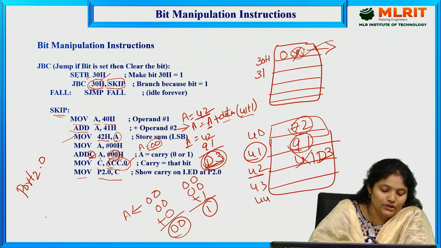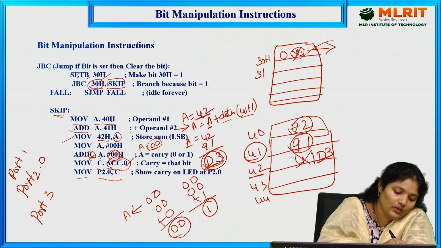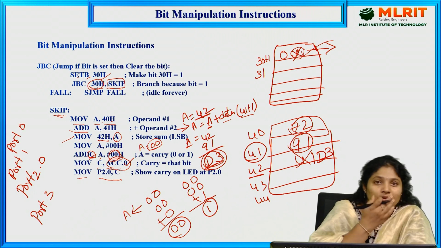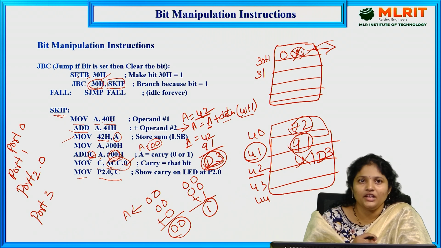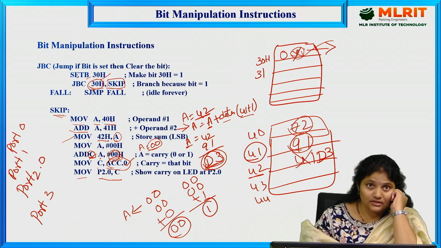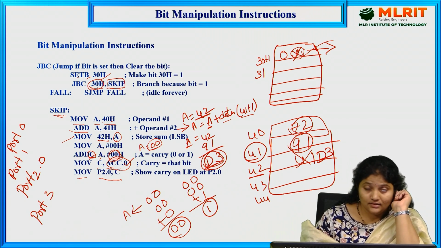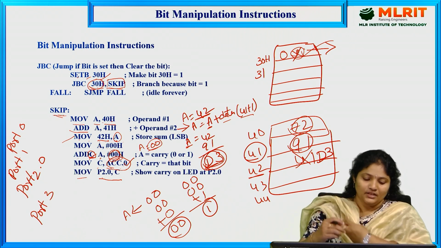As I already told you, we have port 0, port 1, port 2 and port 3. So we have 4 ports, each having 8 input output lines. Out of 4 ports, 32 lines are there. We can use these 32 lines as inputs or outputs, depending upon the application we are using, right?